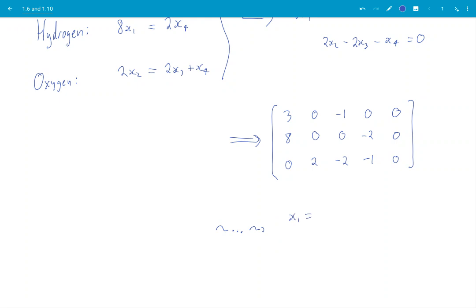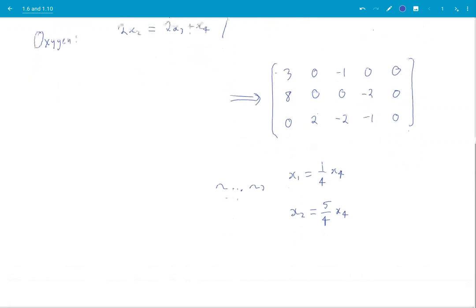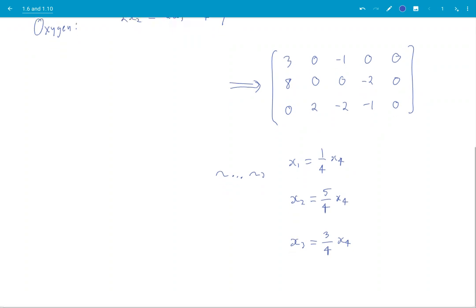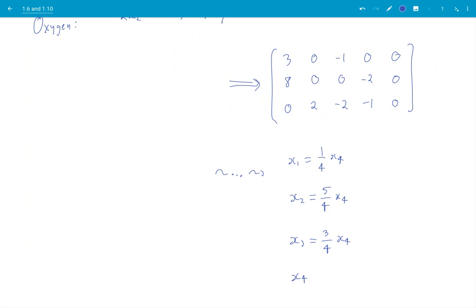x1 is equal to 1/4 x4. x2 is equal to 5/4 x4. x3 is equal to 3/4 x4. x4 is free.